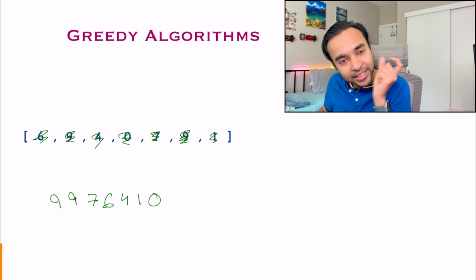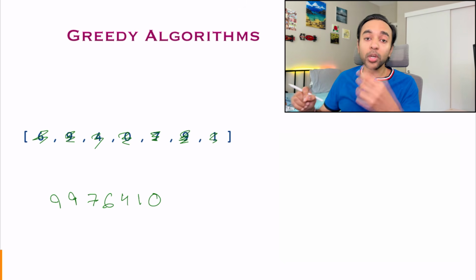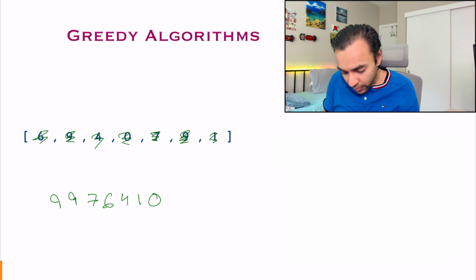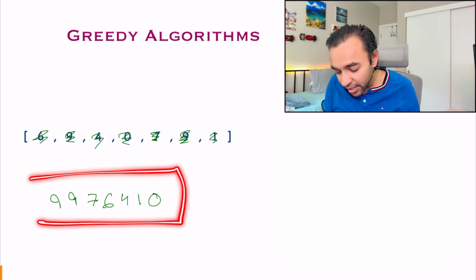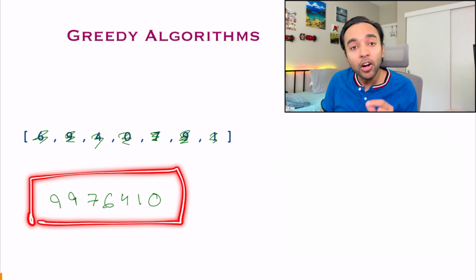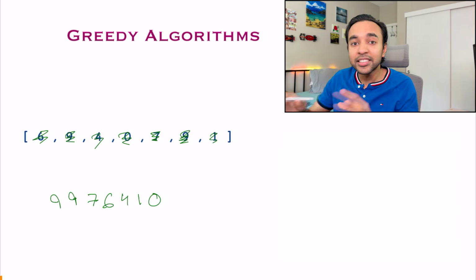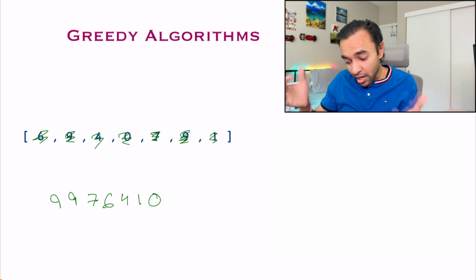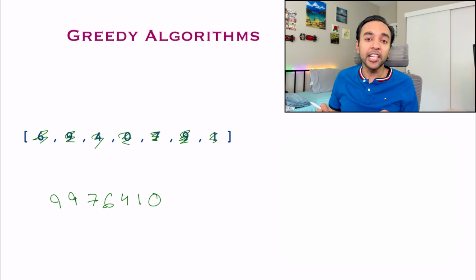You kept on applying the same technique, trying to get the maximum integer from what is available to you. You kept on repeating this and you got the global optimal solution. You cannot have an integer larger than this that can be constructed from this set of integers. So over here, our greedy approach worked perfectly.